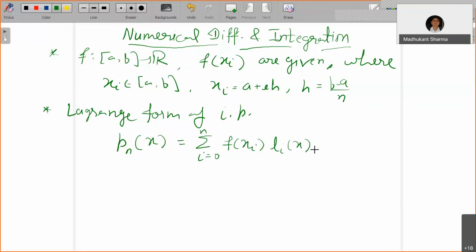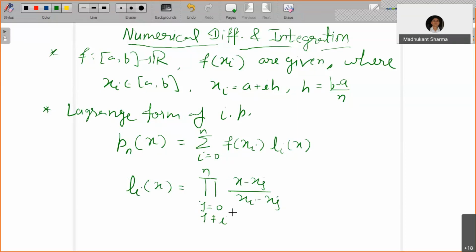What are these li of x? Li of x are the cardinal functions, and if you recall the definition, li of x is the product of (x minus xj) divided by (xi minus xj), where j runs from 0 to n, j not equal to i.